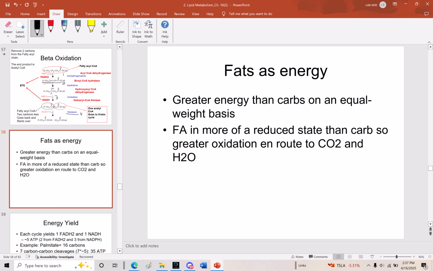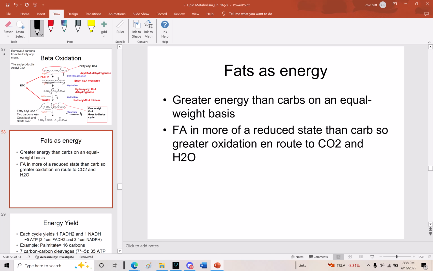But here's what I do want you to know. Palmitate is 16 carbons. If you do this many, many times, you can make 8 acetyl-CoAs. You can make upwards of 130 ATP from palmitate. How many ATPs can you make from glucose? 36.